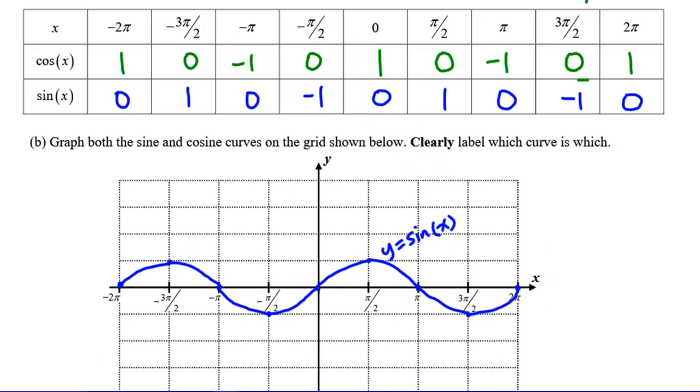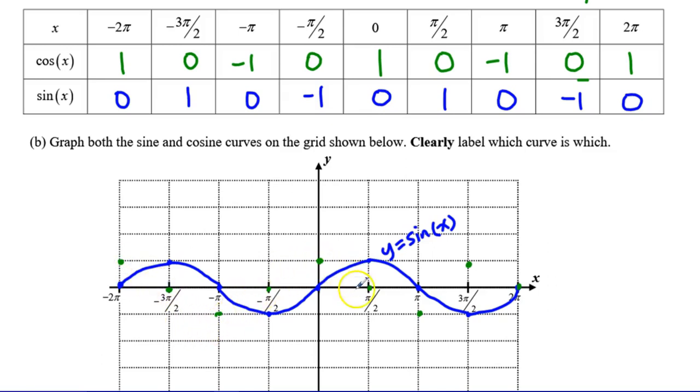If you have colors, great, use a color, but again, I would like you to use pencil, so it would really just be if you had a colored pencil. Go ahead and make your cosine. Notice how I'm plotting all of these points. Don't just draw a squiggle.